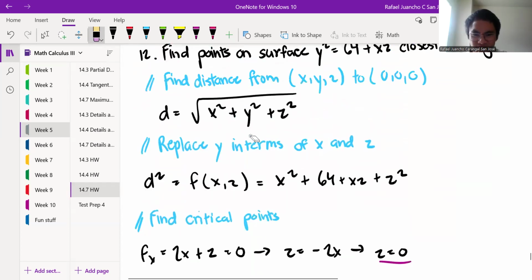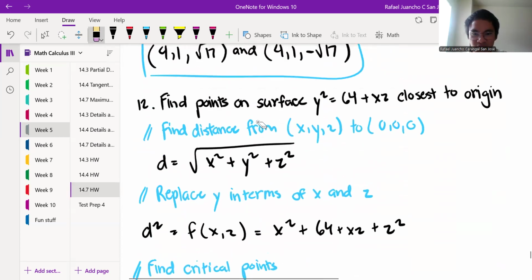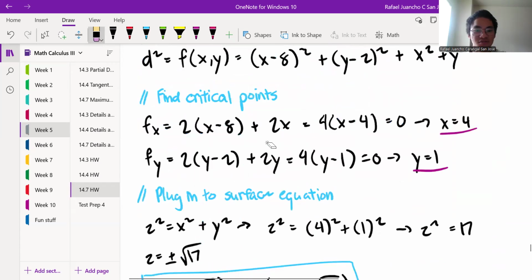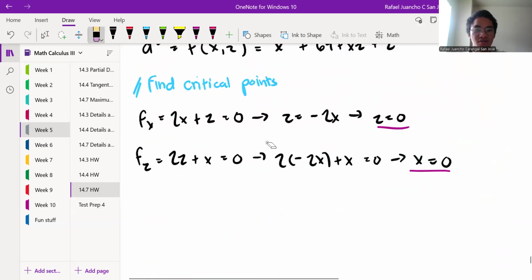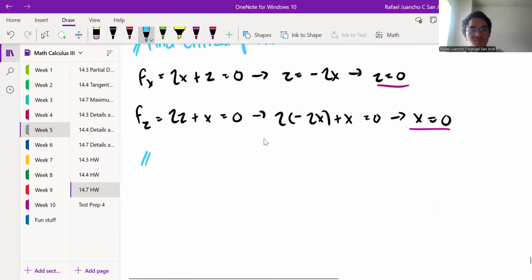Is that it? Wait a minute. Find points on the surface closest to the... Oh, it's on the surface. So I have to plug it in my surface equation again. Yeah, so I plug it in my surface equation.